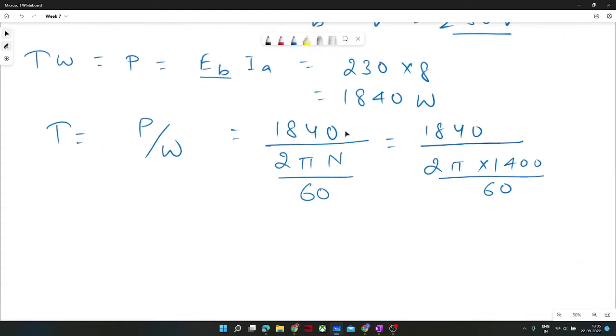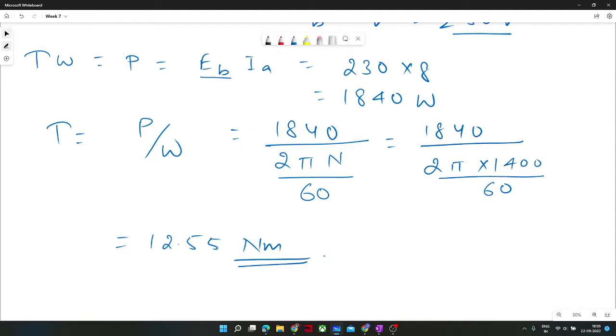After calculation, it comes out to be, I guess, 12.15. Yes, sir. It should come out to be 12.50 Newton meter.